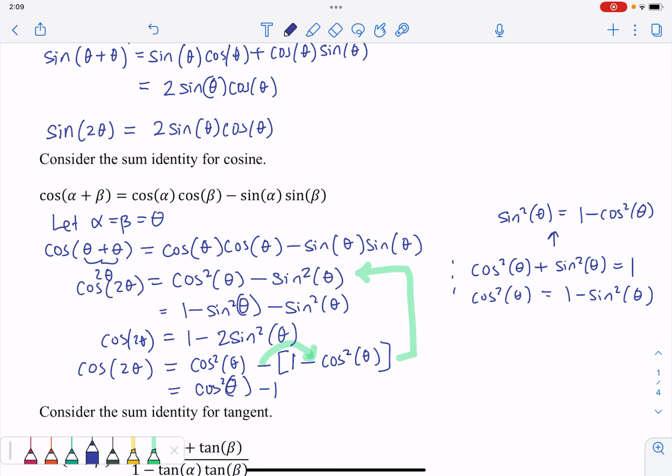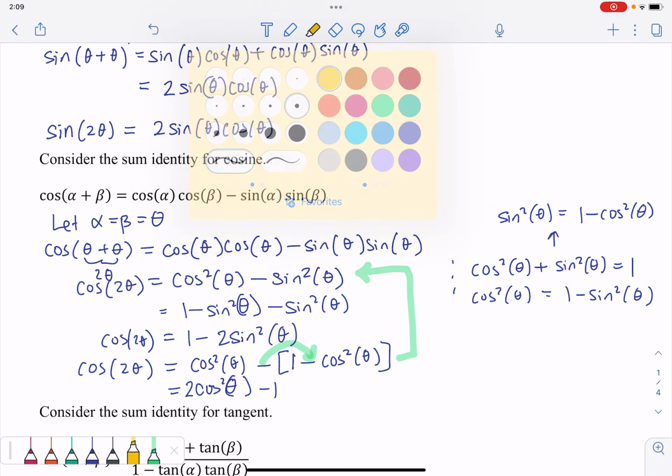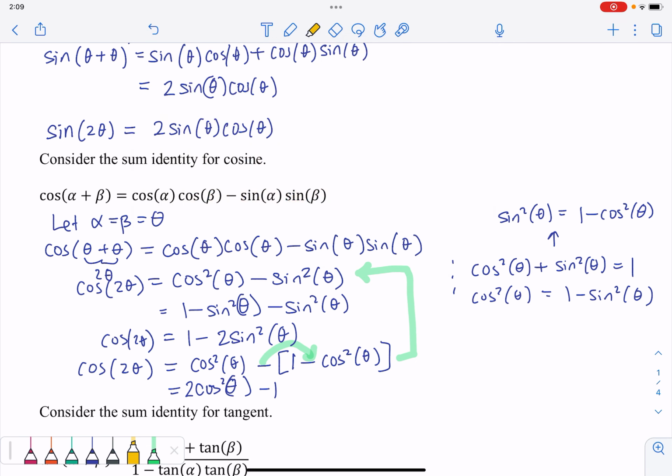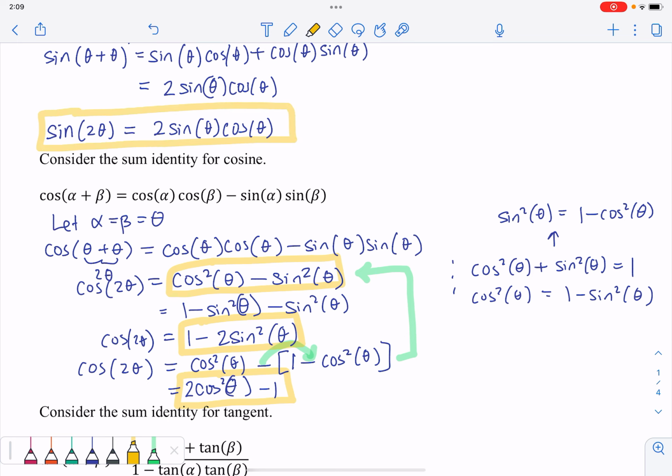So if I'm adding a cosine squared theta to this, it just gives me 2 cosine squared theta. So I actually have found 3 different expressions for the double angle identity for cosine. I have cosine squared theta minus sine squared theta, 1 minus 2 sine squared theta, and 2 cosine squared theta minus 1. And the one we found for sine was sine of 2 theta equals 2 sine theta cosine theta.